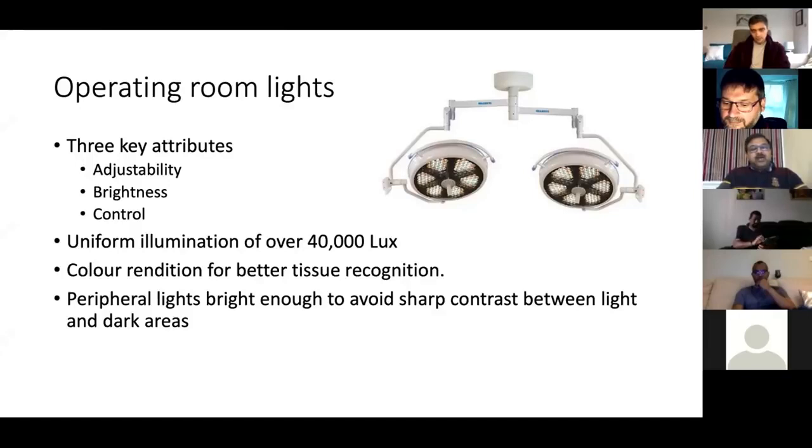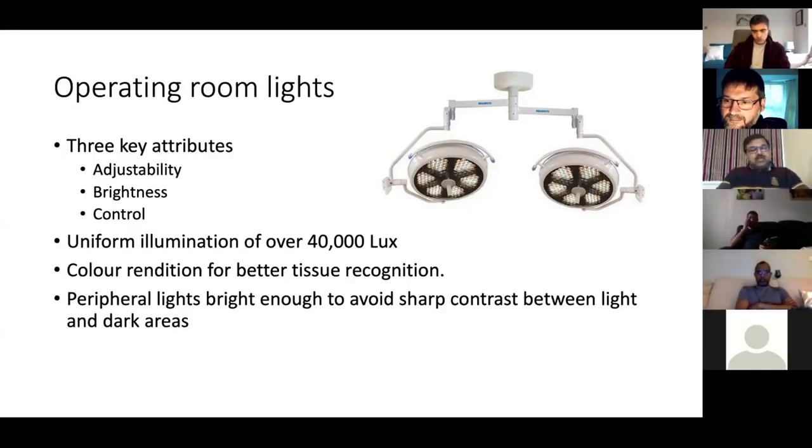One important aspect of modern theater lights is color rendition. The artificial lights do tend to change the color of the object they fall on. So the better the quality of the light, the more true is the color rendition of the tissues, which helps identify the different tissues.